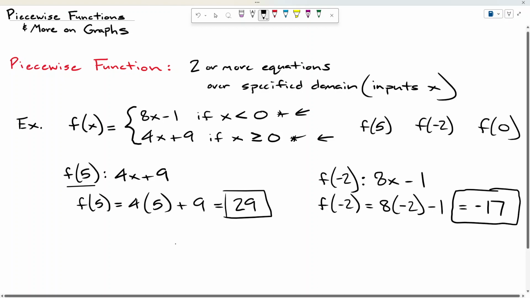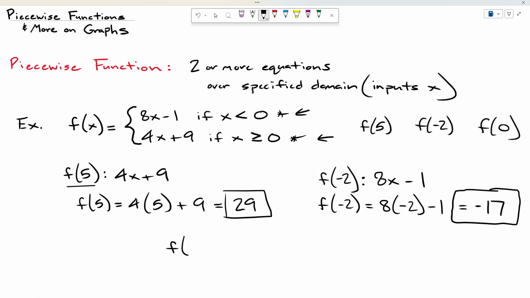And finally, f of 0. It looks like it can't be the top one because that has to be for x less than 0, so not including 0. But the bottom one will certainly work for us for all x greater than or equal to 0.